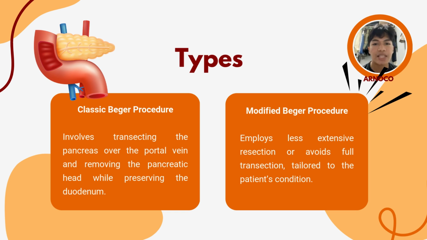Key structures like the duodenum, common bile duct, and blood vessels are carefully preserved, and reconstruction is similarly done by creating a connection between the remaining pancreas and the jejunum, or in some cases, the stomach. The modified Beger procedure is especially beneficial in reducing operative time, minimizing blood loss, and preserving as much healthy pancreatic tissue as possible. It still provides pain relief and functional preservation with fewer complications compared to more radical procedures.